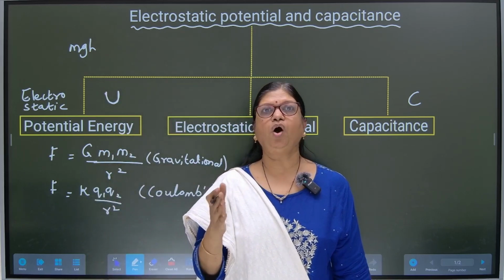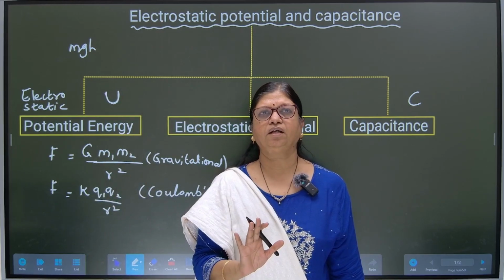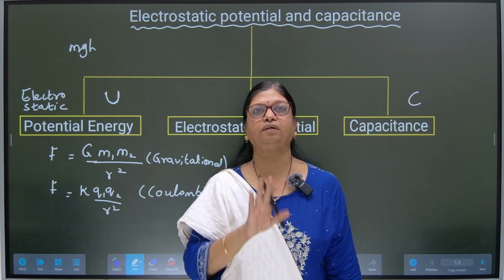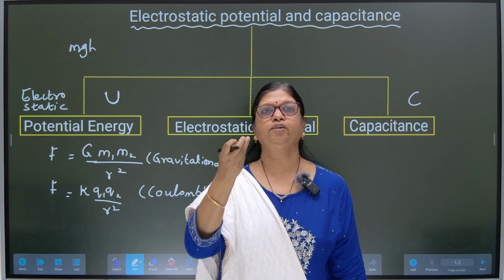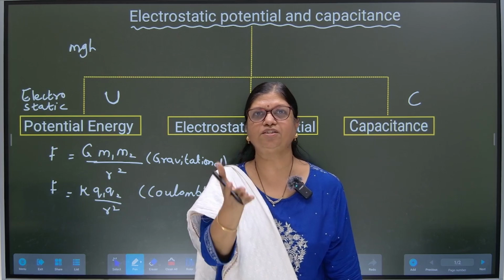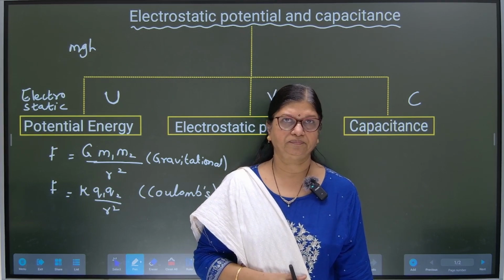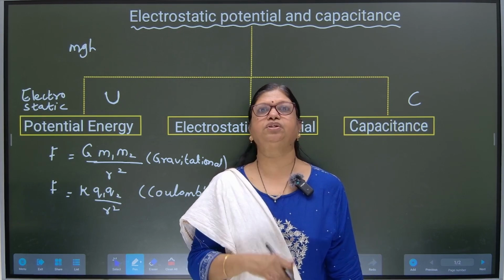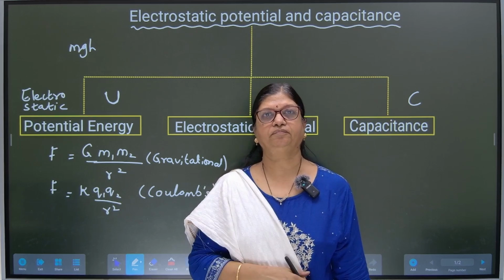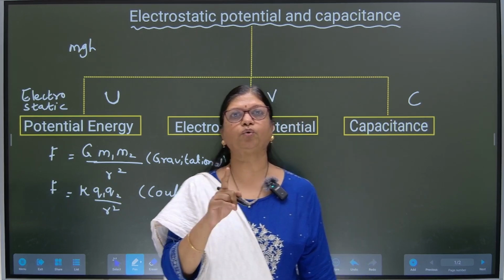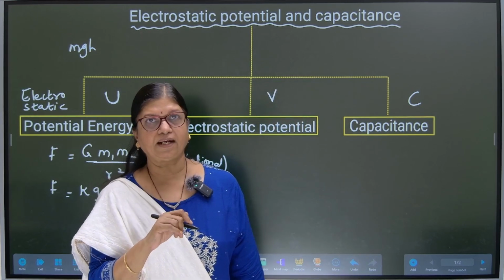So this is the summary or the beginning of this chapter, where we are trying to find out how we can store the energy, the potential energy, the potential. That's all. So now we go to our first derivation.